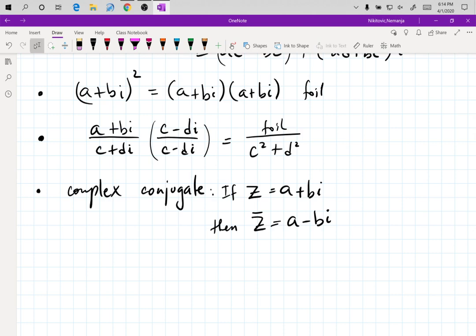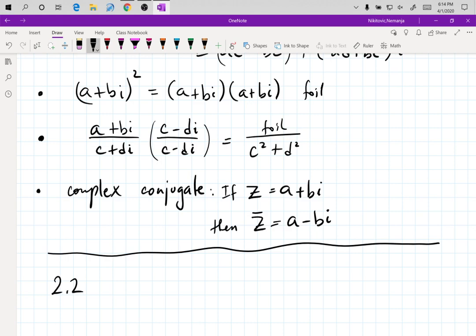We only just need to know it because of the next few sections in which we actually have complex roots and complex numbers be the part of what we are calculating. So now we go to the next section, 2.2, on quadratic functions.